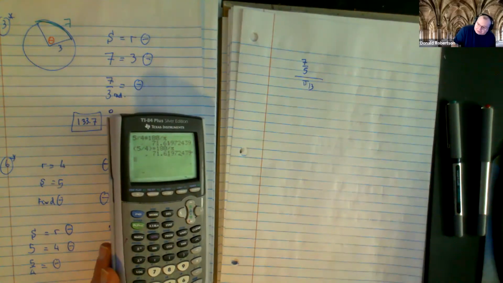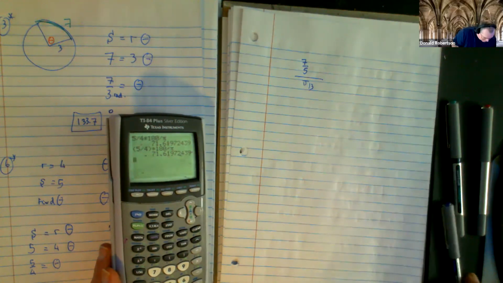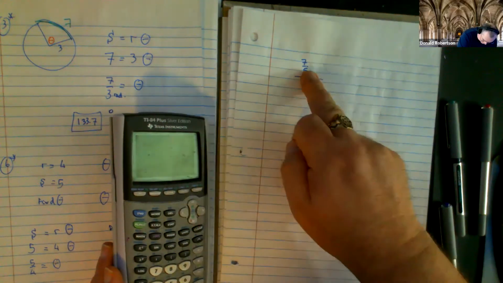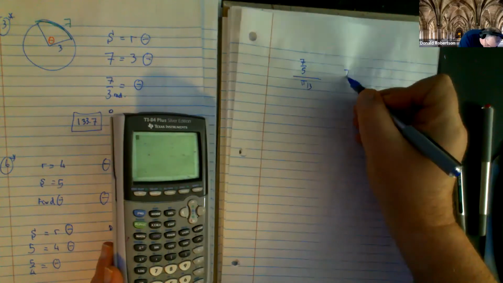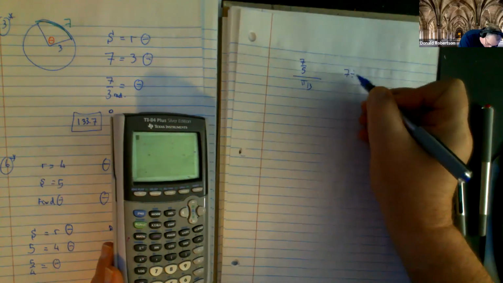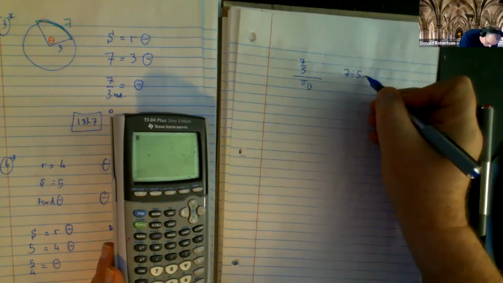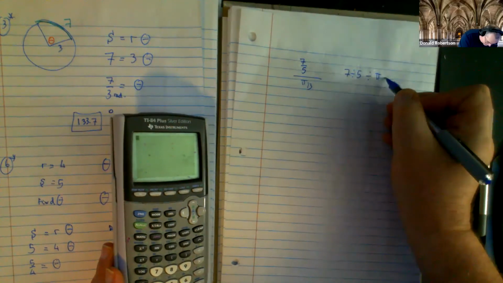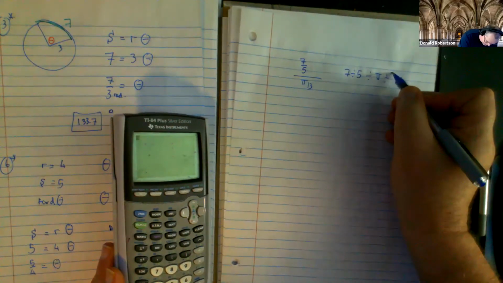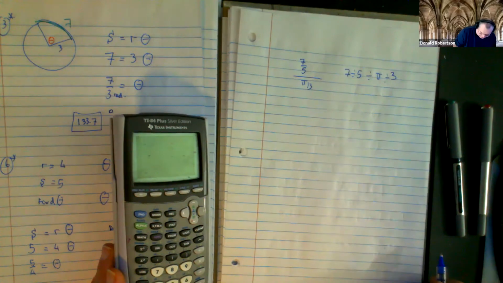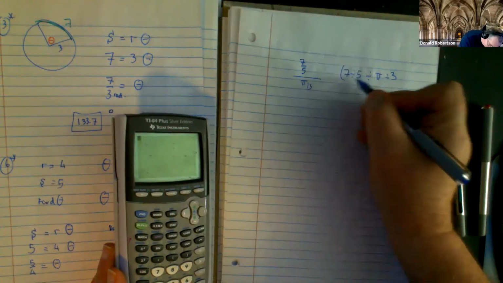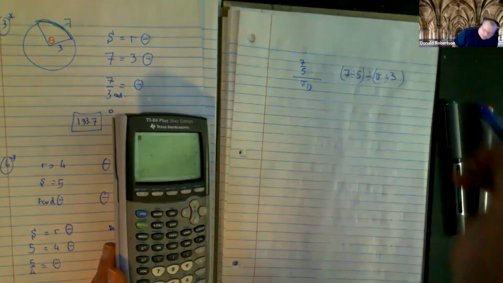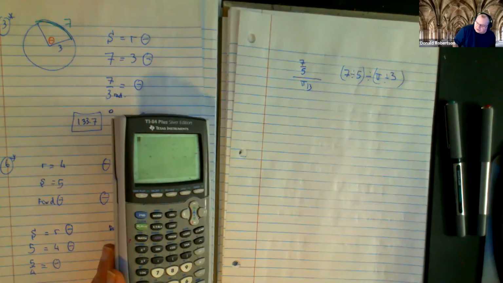And I want the answer as a decimal, right? Now, if I just type it in as 7 divided by 5 divided by pi divided by 3, should I do it like that? Do you see the order of calculation can make a difference?